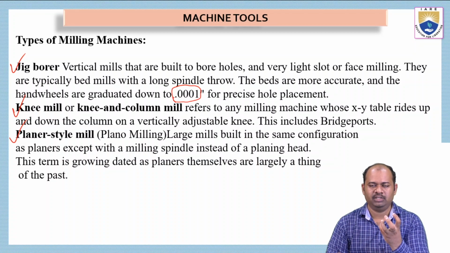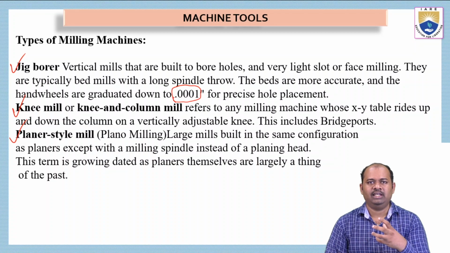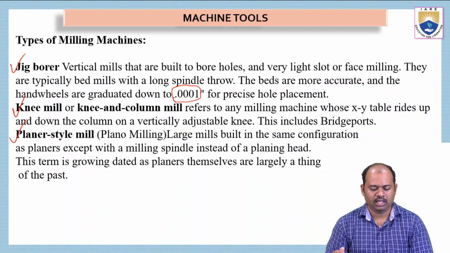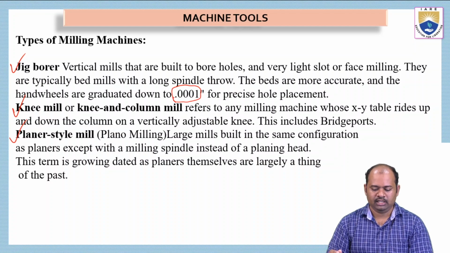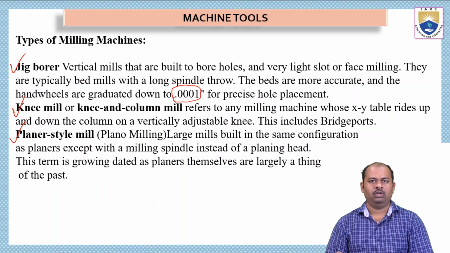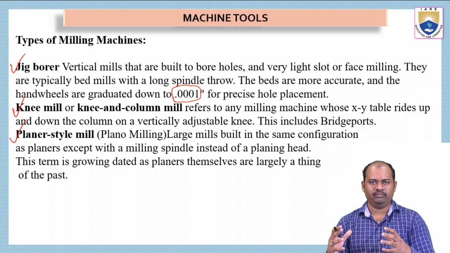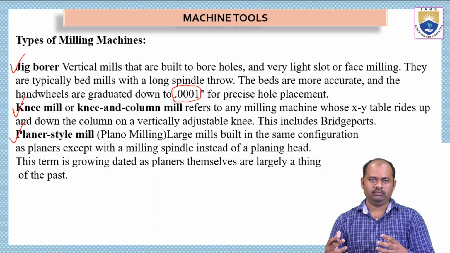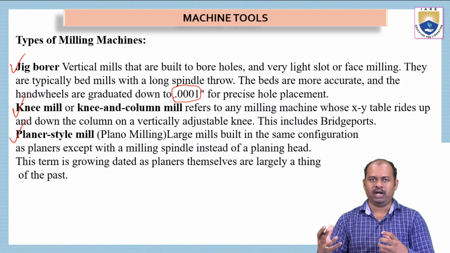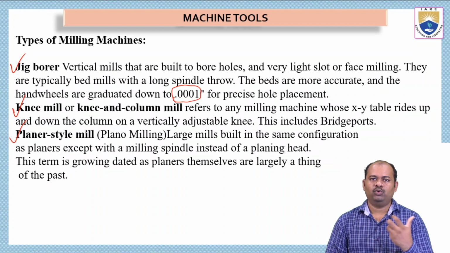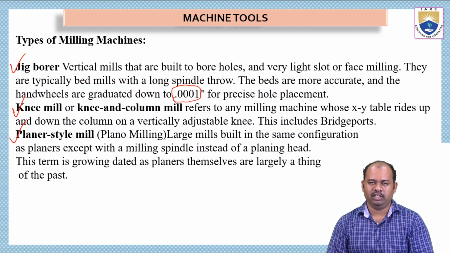If we keep the milling spindle in that place, we can use them as planer style milling machines. This term is growing dated as planers themselves are largely a thing of the past. Planing is an old technique which was used for machining machine tools and different manufacturing parts. Nowadays the planer mills are mostly converted into milling machines by simply replacing the spindle.